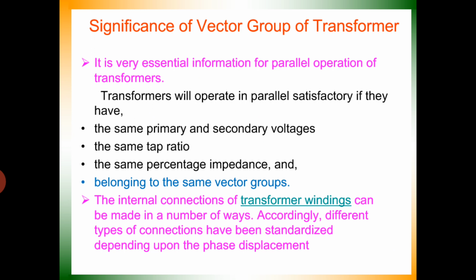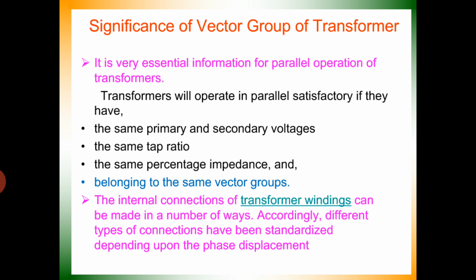The third essential condition is belonging to the same vector group. Whenever two transformers are connected in parallel, they belong to the same vector group. For example, in the previous slide, YY0: the first transformer and the second transformer connected in parallel are in the same group, that is YY0.